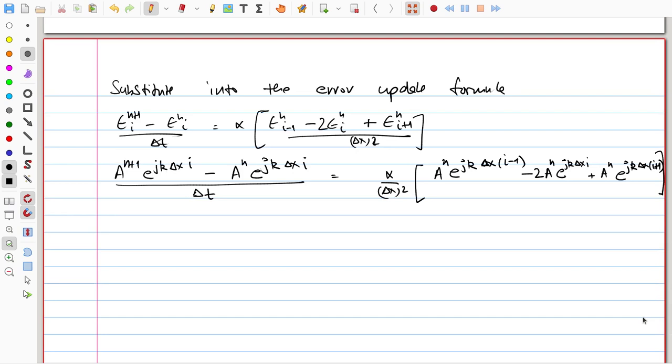So, now I will do some algebra. I will divide everything by a n and also divide everything by e to the power of j k delta x I.